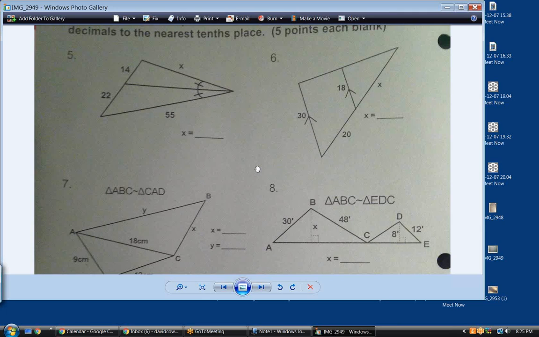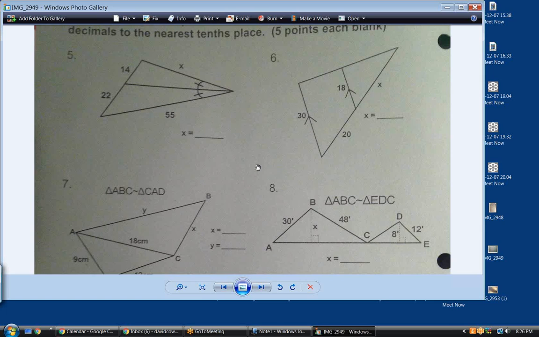Okay, what are we looking at here? What ratio applies in problem 5? Would it be x over 55 equals 22/14?